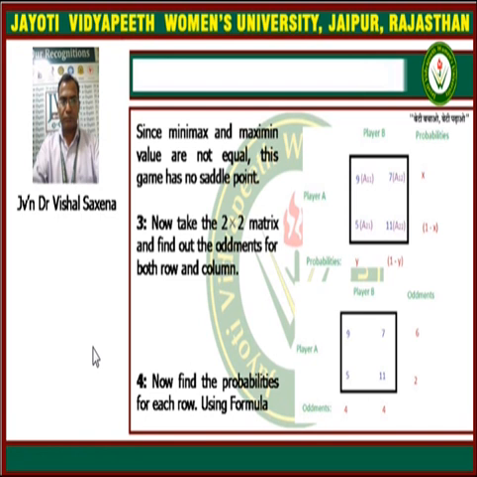So in this way we have found the Oddments, as we can see in the above figure. In the figure, the probabilities will be written like x for the first row and 1 minus x for the second strategy, the second row. y for the first column, meaning the first strategy of player B, and 1 minus y for the second strategy of player B.